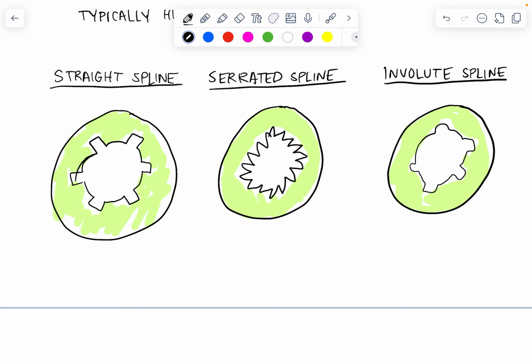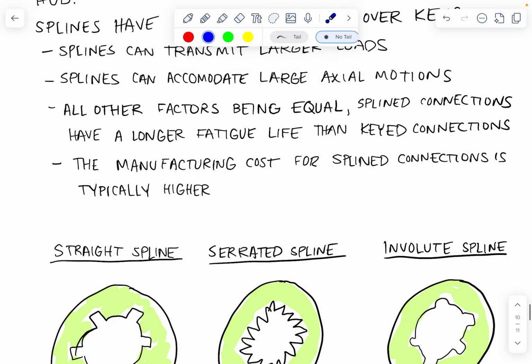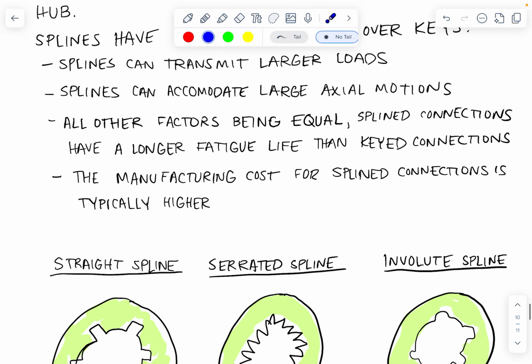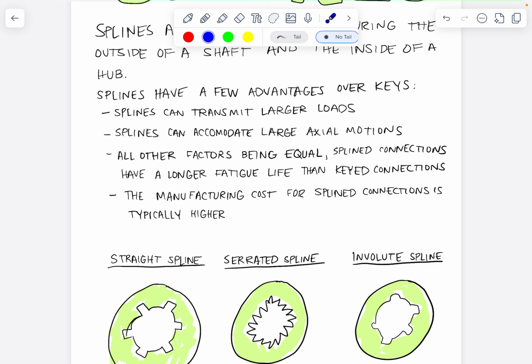Okay, and the straight spline, when we take a look at it, you can see that this looks just like a keyway for a straight key, but instead of just one, we've got many spaced around the circumference, and you can do as many as you like, depending on your design. And so right away, looking at those shapes, you can see why these advantages exist, right?